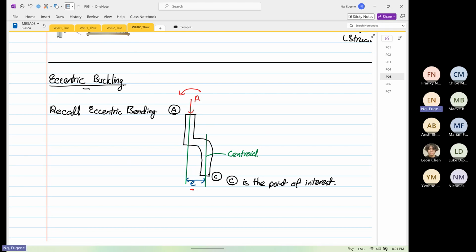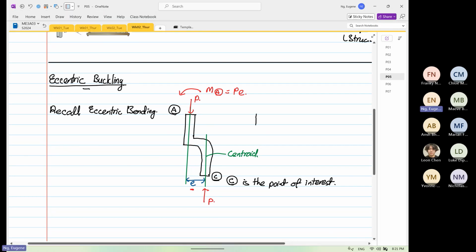So moment at point A is equal to P times E. Based on Newton's third law, at point C there has to be another reaction, which is P, that will take care of the vertical forces.